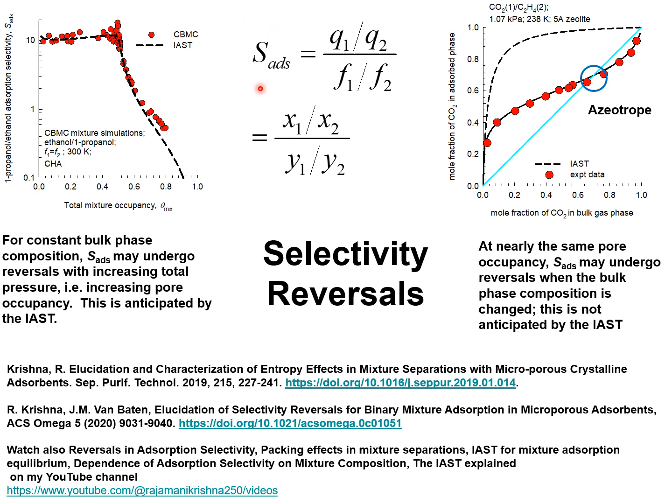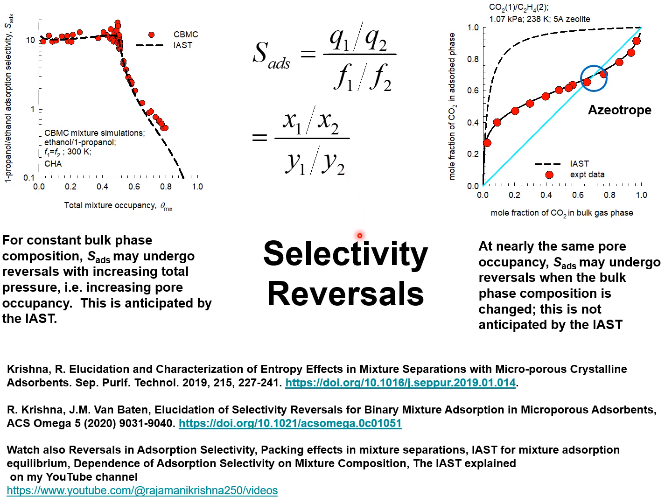So the separation selectivity is also written as the ratio of the component mole fractions in the adsorbed mixture divided by the corresponding mole fractions in the bulk fluid phase mixture.